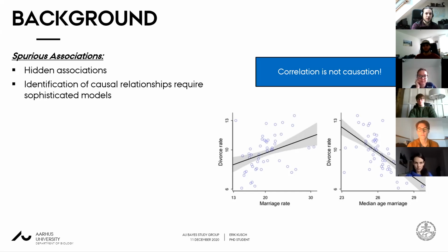The example the book and the lecture is running with is divorce rate, predicted as either through marriage rate or median age at marriage, with the hypothesis being that the more people marry, the more people get divorced because more people can get divorced once they are actually married.